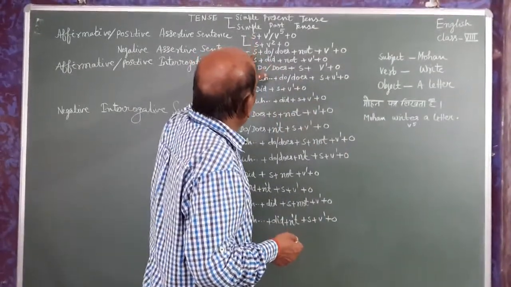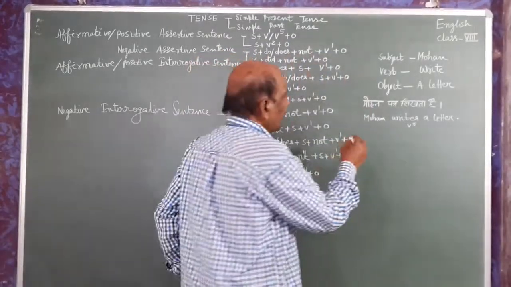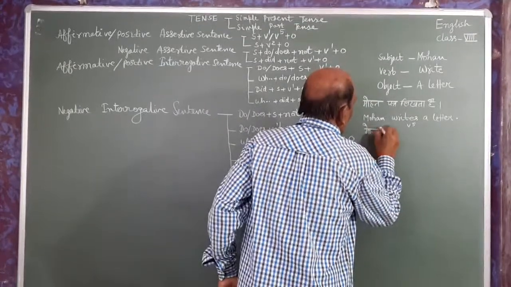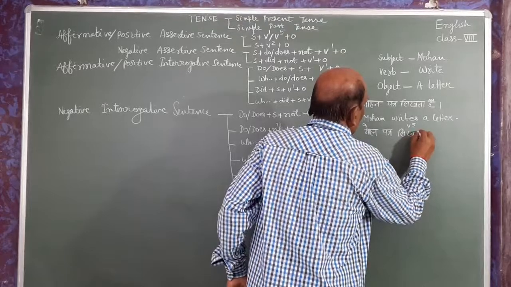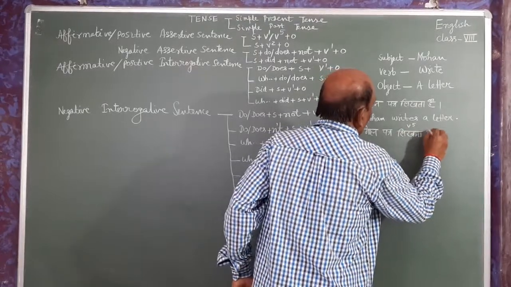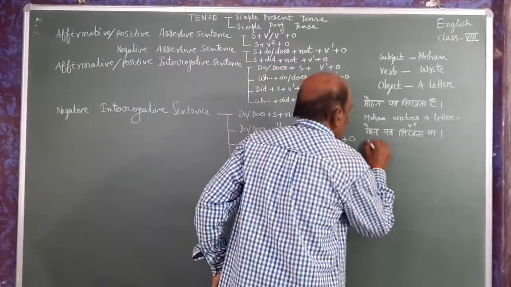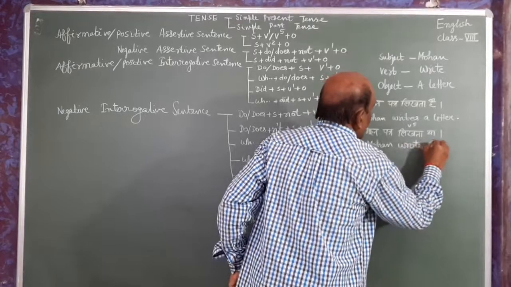Now we will come to past tense. See here, Mohan patra likhta tha. Now see here, subject plus V2 plus object. So Mohan wrote a letter.